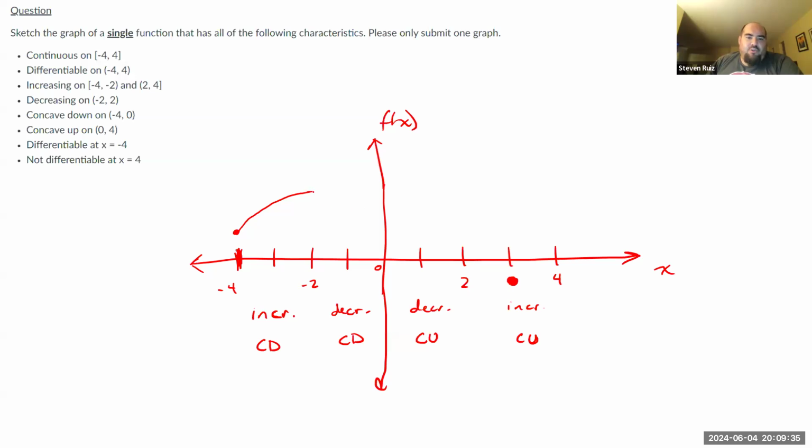Why does it have to come to a peak here? Because at this point, the function is going to be decreasing, but I'm concave down, so that decrease is going to be getting more drastic. From here, I think it has to look like this.